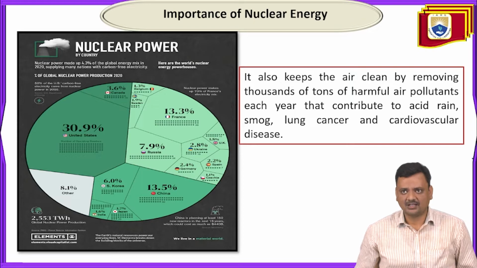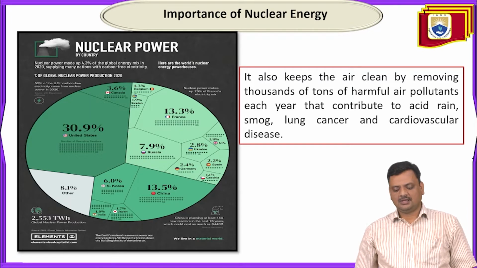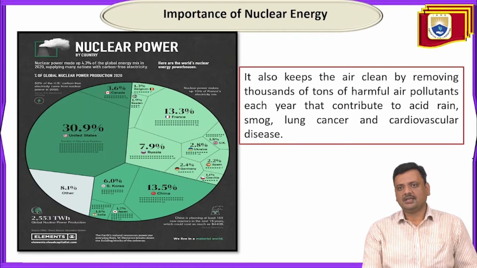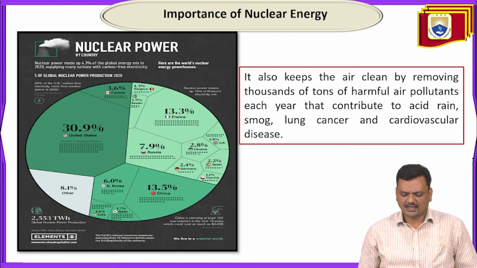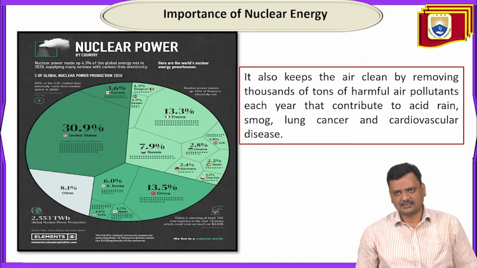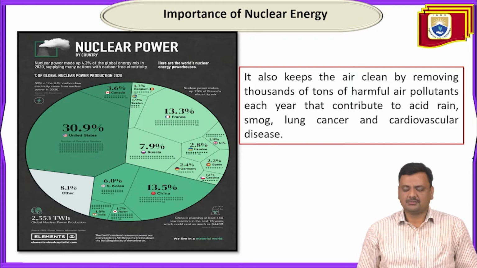It also keeps the air clean by removing thousands of tons of harmful air pollutants each year that contribute to acid rain, smog, lung cancer, and cardiovascular diseases. Generally, carbon dioxide-like gases are produced in the generation of power.